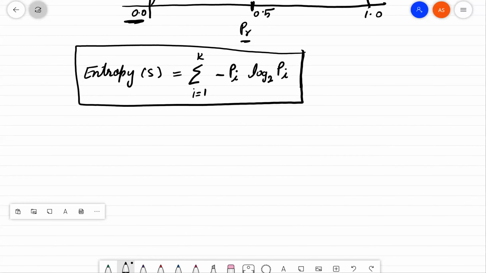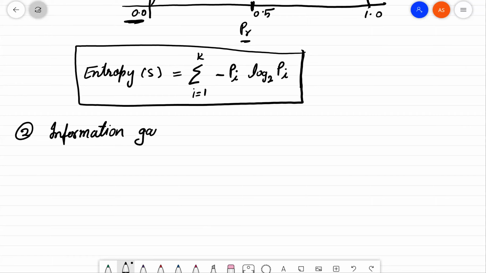So the next important term is information gain. After calculating the entropy, we will calculate information gain.